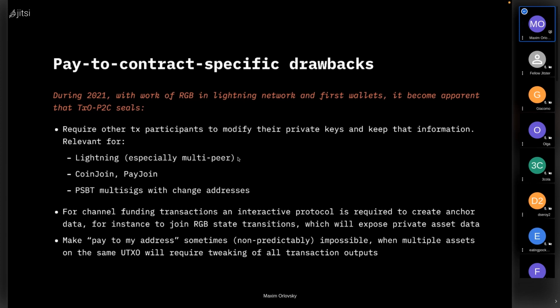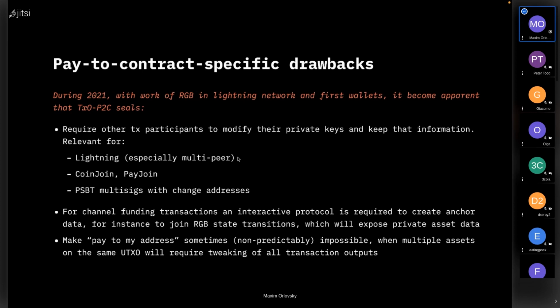They have to, or even different assets, but coming from the same single-use seal, they have to reveal the information on other assets as well in order to create joint state transitions. And it actually will leak a lot of privacy data. So basically, when you add some output to the Lightning channel funding, you will end up exposing most of your asset data, even if you don't plan to use those assets in the Lightning channel, which is also quite undesirable from the privacy perspective.